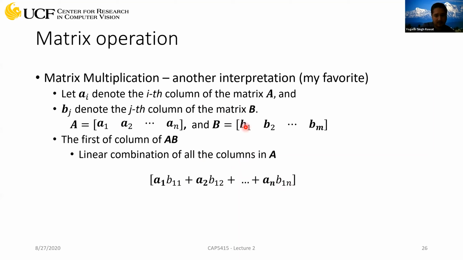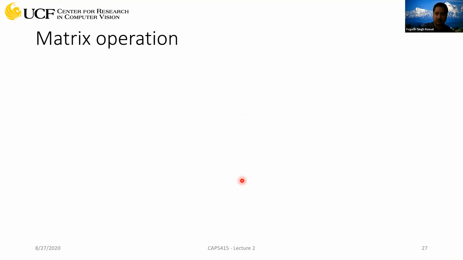We will multiply the first number with the first column, the second number with the second column, and then add up those columns, and that will give you the first column. Similarly, you can obtain the other columns. Again, it will be a combination of all those columns, but the weights you use for that combination will come from the second column of the second matrix.